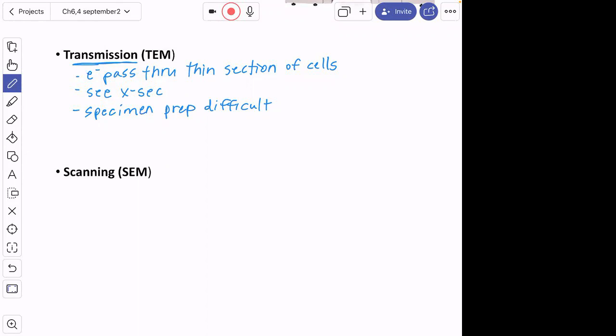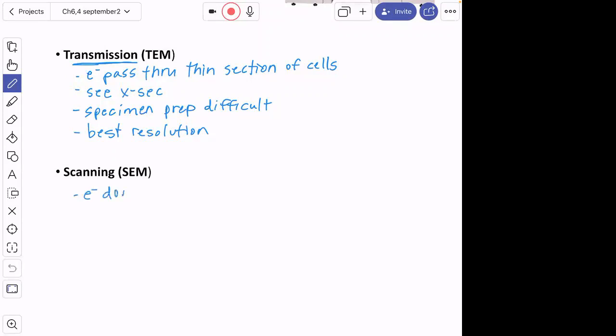So it's kind of a long process to actually see whatever you're trying to see, but it does have the best resolution. It's better resolution than a scanning. With the scanning cells, the prep isn't quite as difficult.